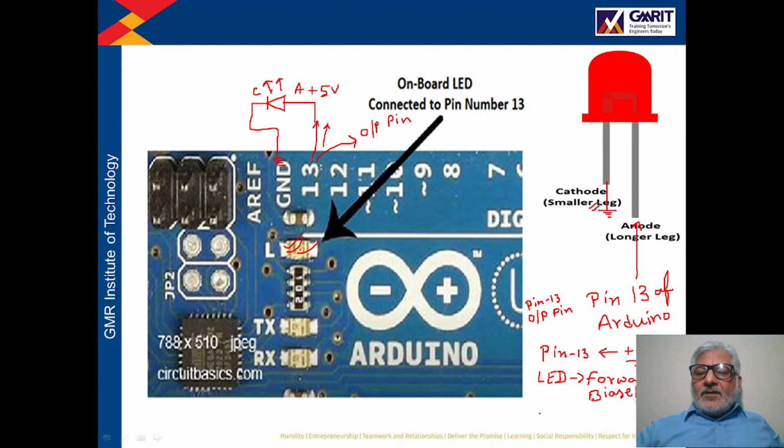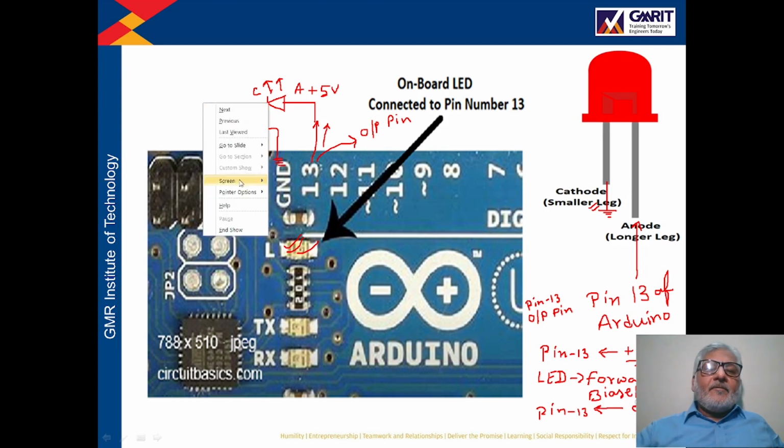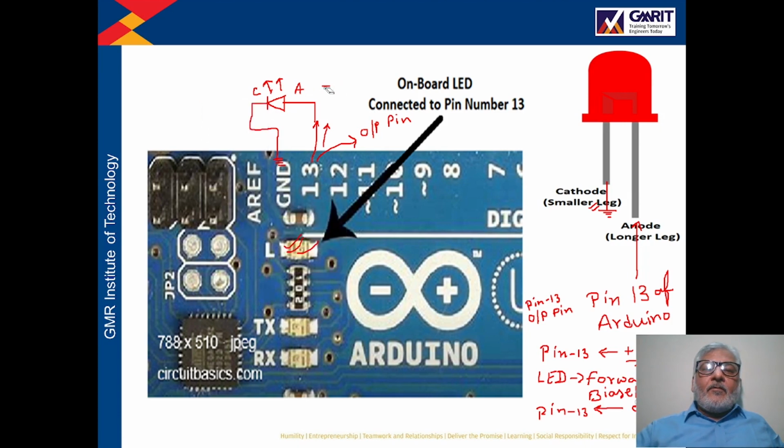Now if we see the second condition, suppose from pin number 13 we generate 0 volt, right? So now from the pin number 13 we are generating 0 volt.